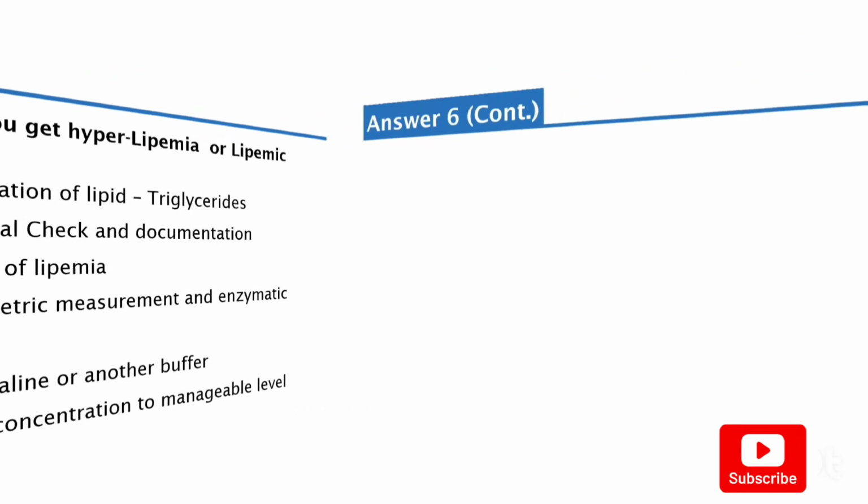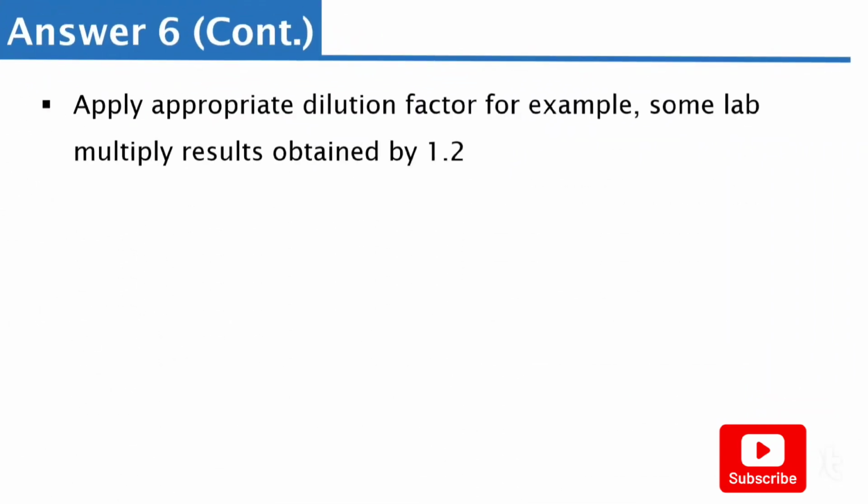Now, obviously, the answer continues. You then need to apply the appropriate dilution factor. For example, in some laboratories, they will multiply the result obtained by 1.2. What it means is that whatever factor you are using to dilute that plasma or serum that is full of lipid, you also multiply by it. Just pure science: if you do a 1 in 2 dilution or 1 in 3 dilution, you need to compensate for that dilution.